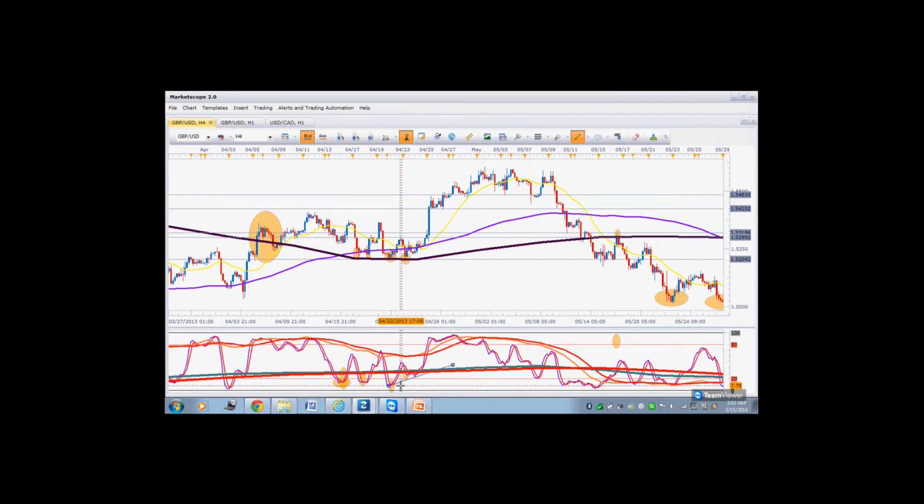This is a very good entry, on the retracement of the 4-hour stochastic when our daily, which is still above 50, is heading back to the 80 line. So this is a confirmation of signals from both the long-term and our medium-term time frames.